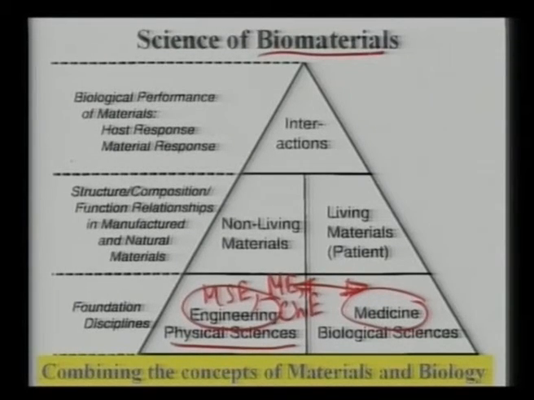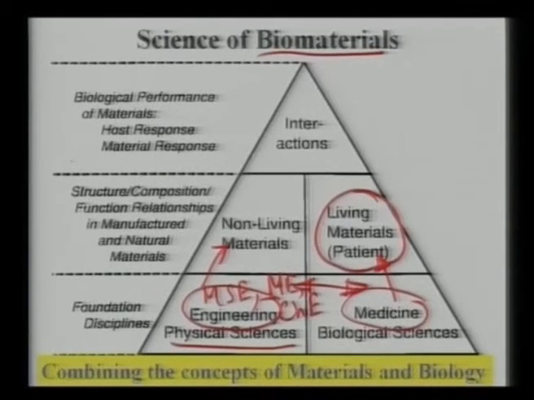Now once this collaboration is developed, material science people will be developing non-living materials, meaning synthetic materials like metals, ceramics, polymers. And the medicine people have quite a good understanding of how different materials can take part in the wound healing process or in the health care of living materials, meaning patients.